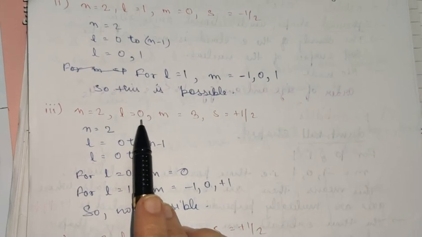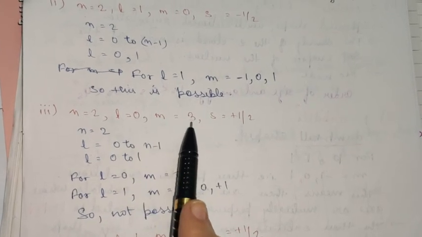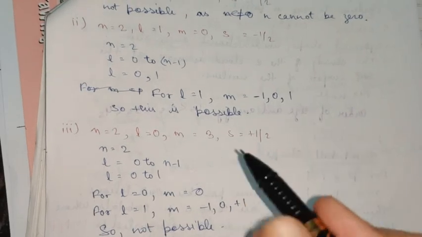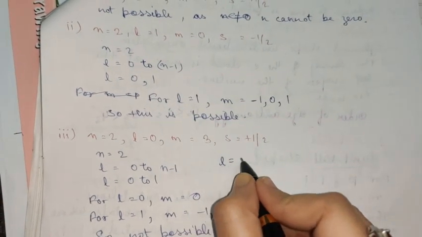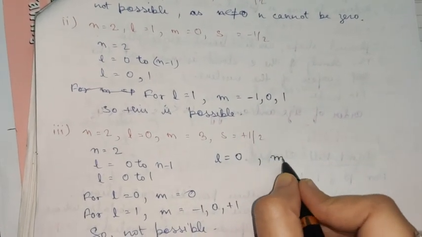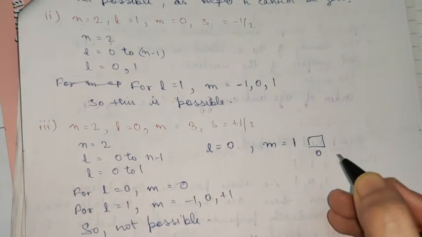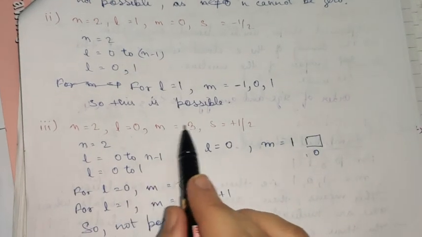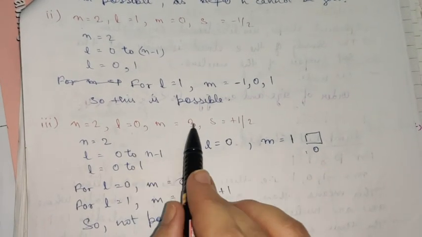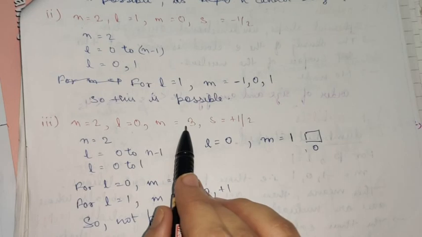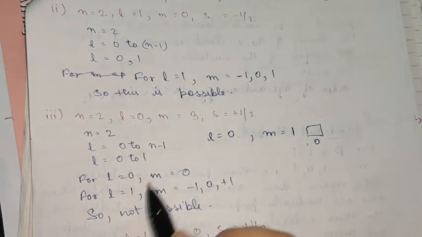If l is equal to 0, the value of m will also be 0. That means there is only one box with 0 value. These two values are not matching with each other, they are not going together, so this is again not possible.